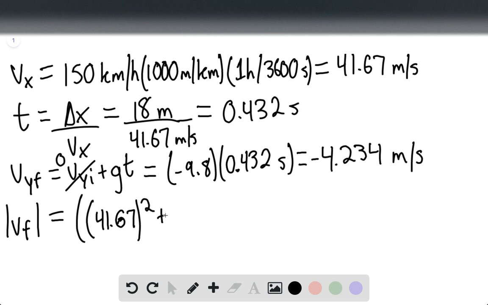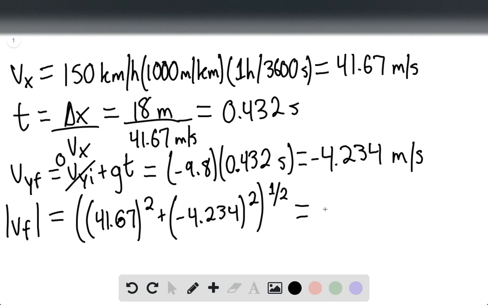And then this will be squared plus negative 4.234 squared, all to the 1/2 power. That's how we find the magnitude of the final velocity. And this will give us 41.88 meters per second.